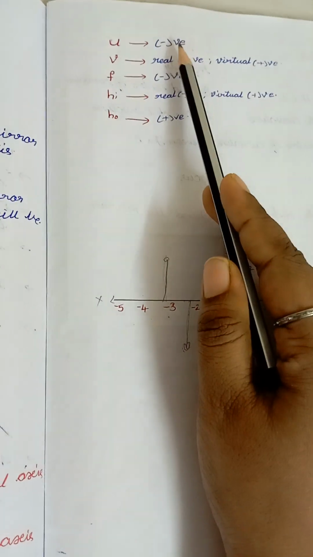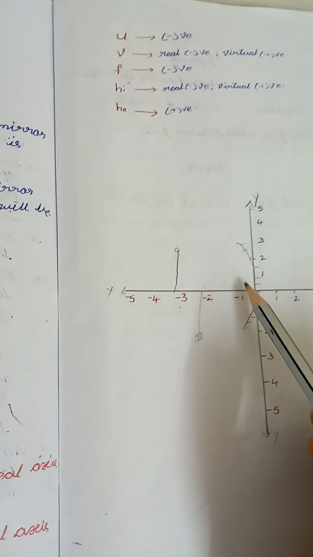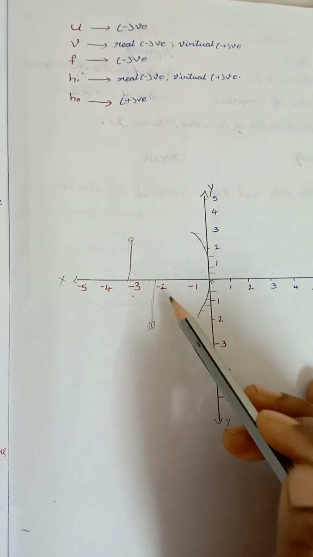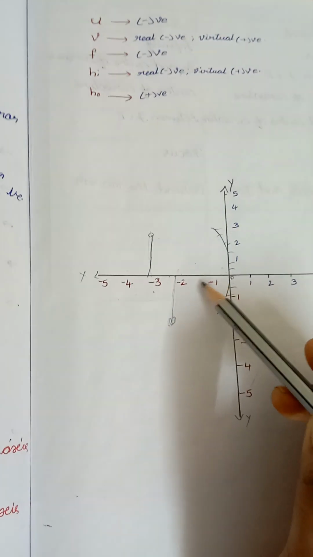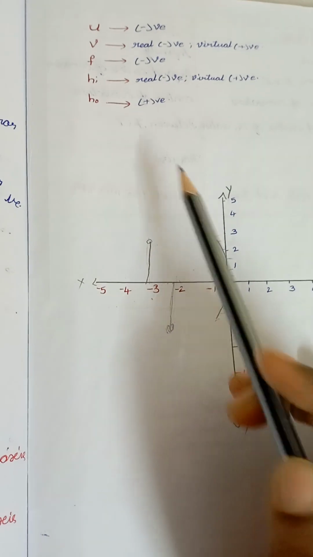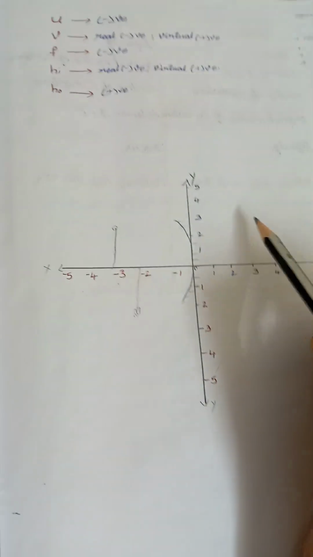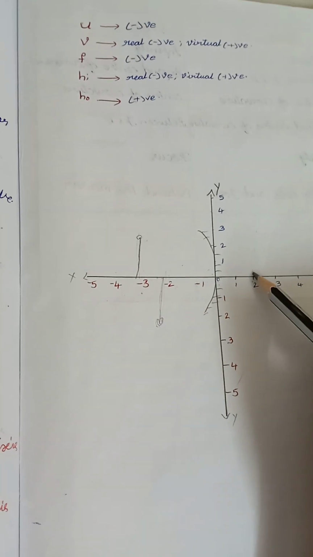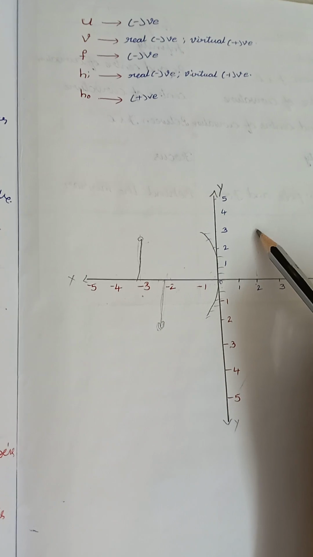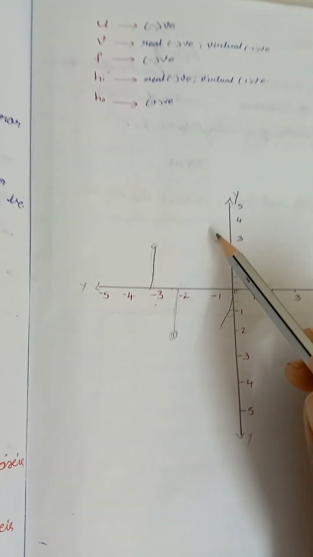So object distance is negative, and for image distance, in all the cases we are getting the image also here only, real and inverted. We will take a negative value. For real images we will get negative. Only for one case, the last case, I said we will get the image behind the mirror. For that virtual image only we will take positive. Remaining all we will get negative.